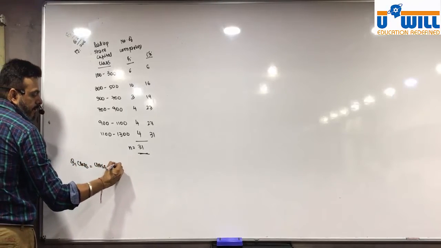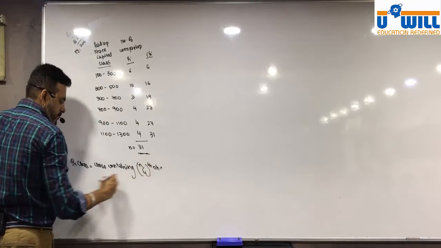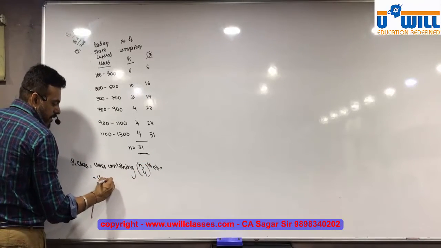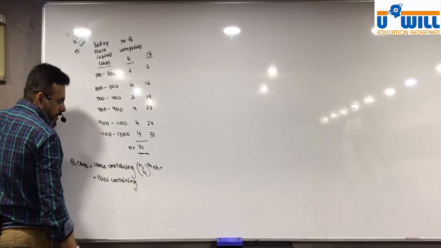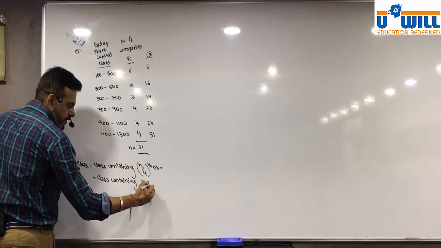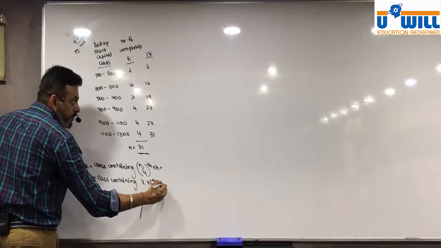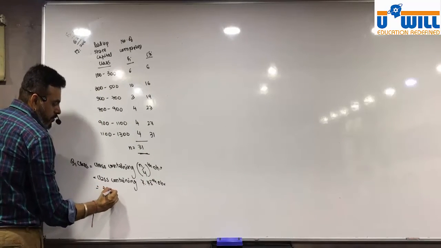Class containing n by 4th observation, which is equal to class containing 31 by 4, 7.75th observation, which is equal to 300 to 500.